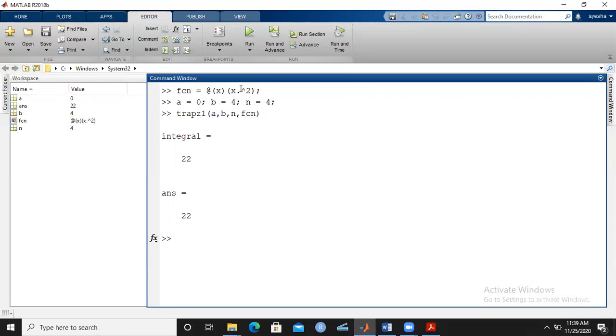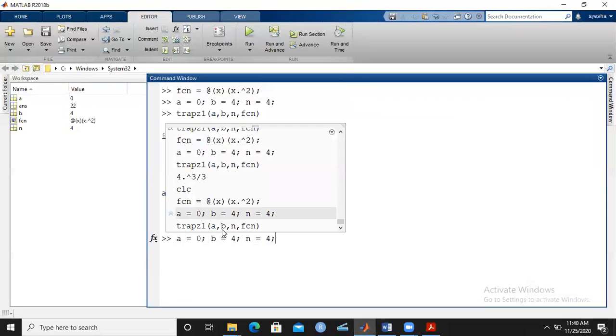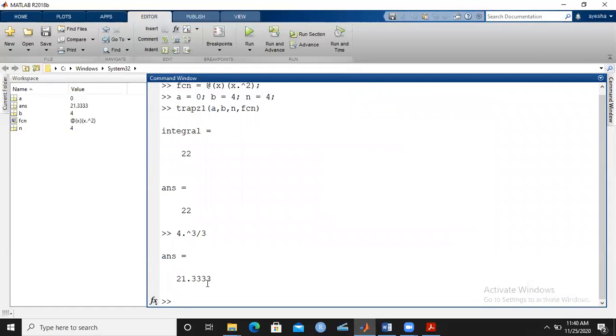Since the function is very simple, integral of x square is x cubed by 3, and when I apply the limits from 0 to 4, I will have 4 cubed by 3. So 4 cubed by 3 is actually 21.3333, right? So now my numerical answer is not as good, and it is not very close to the analytic answer.